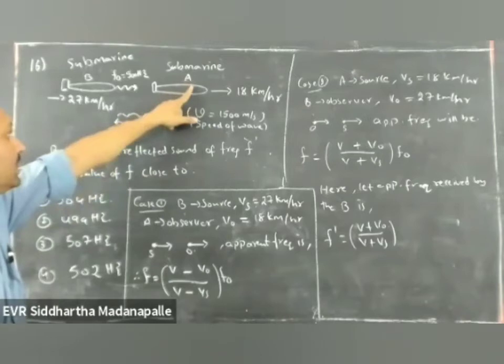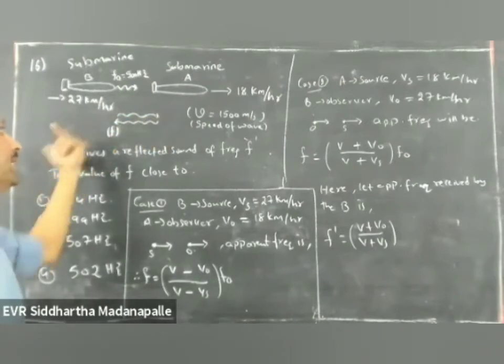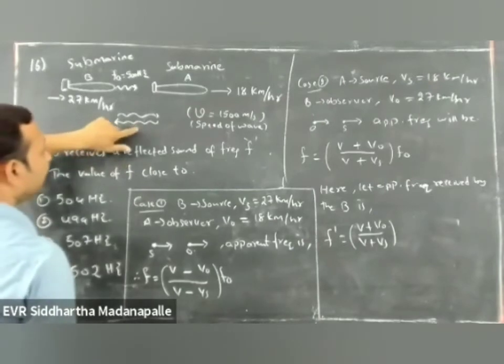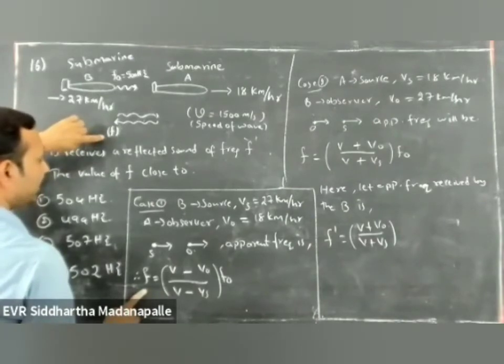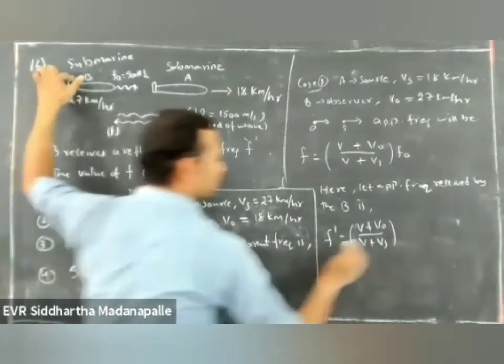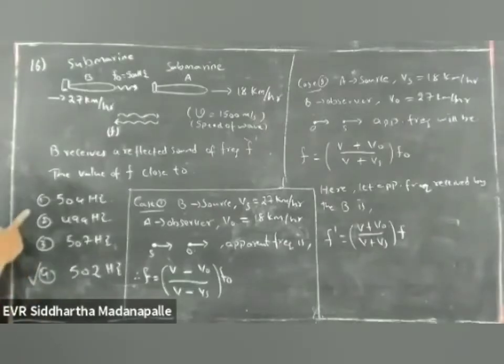The frequency f which A detected was reversed from it, so it is reflected. So f is the frequency of the reflected sound. Since this person is hearing this frequency, this one will be the actual frequency, equal to f. Option 4, sir. Right, option 4 is the correct answer. All values are close, so you should check carefully.